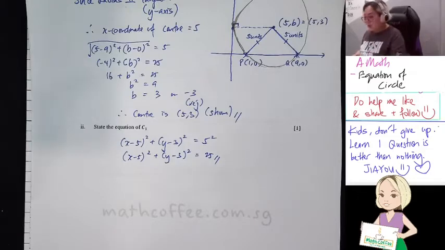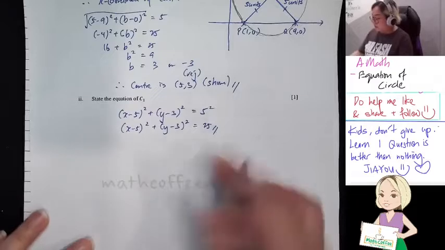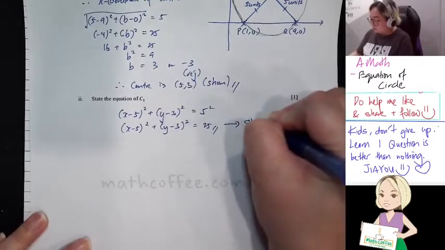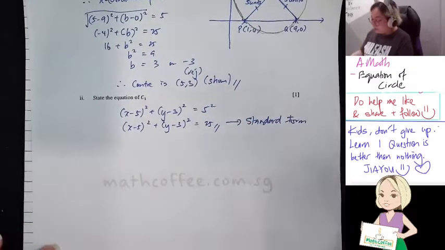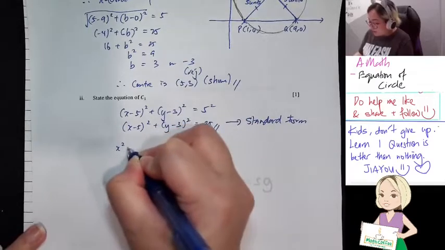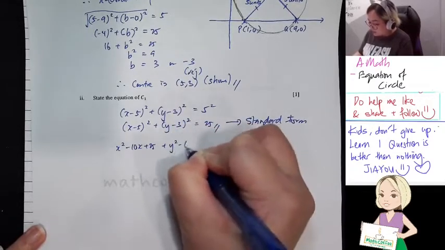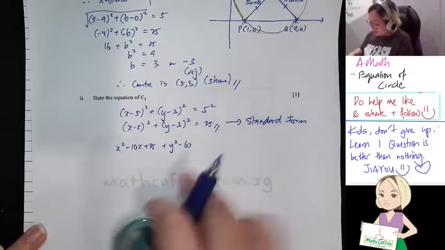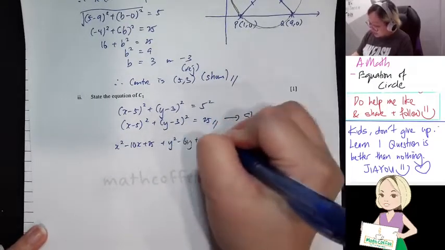Just for demo purposes, what is general form? This is called standard form. If they ask for general form, it means you need to expand it out. So it will be x squared minus 10x plus 25 plus y squared minus 6y plus 9 equals 25.